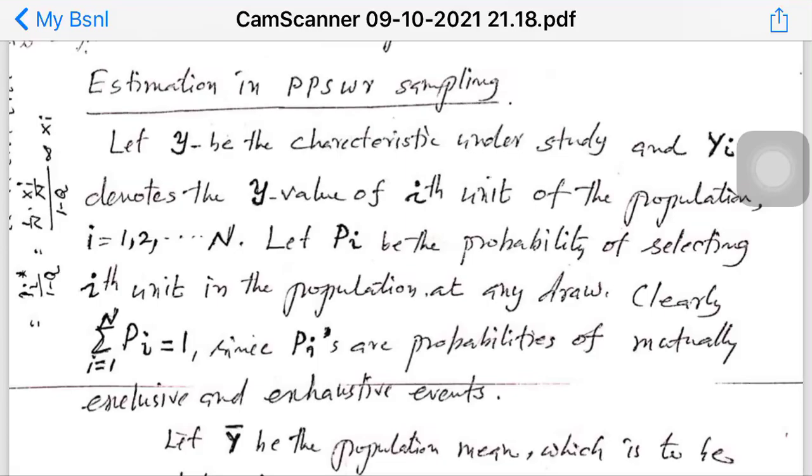Hello, welcome back. In the last session, we were discussing how a varying probability sample, or a probability proportional to size sample, in particular a PPS sample, was selected.